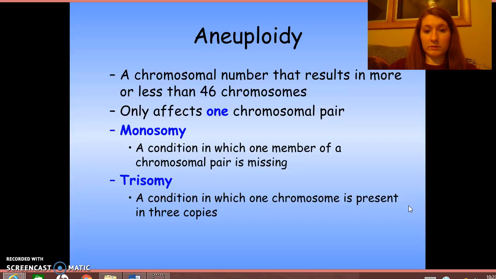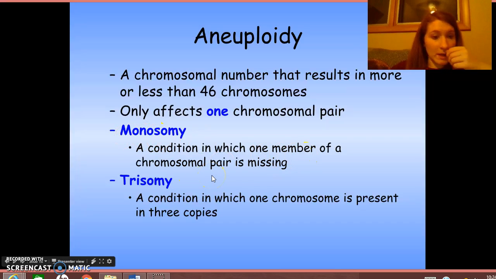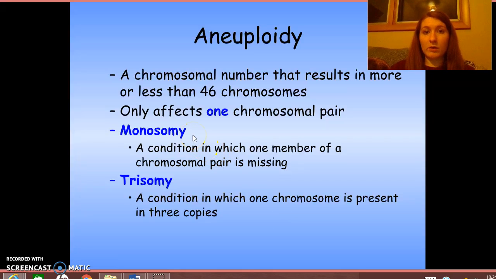Monosomy means you have a missing chromosome, so you would only have 1 chromosome. And trisomy means you have an extra chromosome, so you would have 3 copies instead of just 2. So here in monosomy you have 1, and in trisomy you have 3.